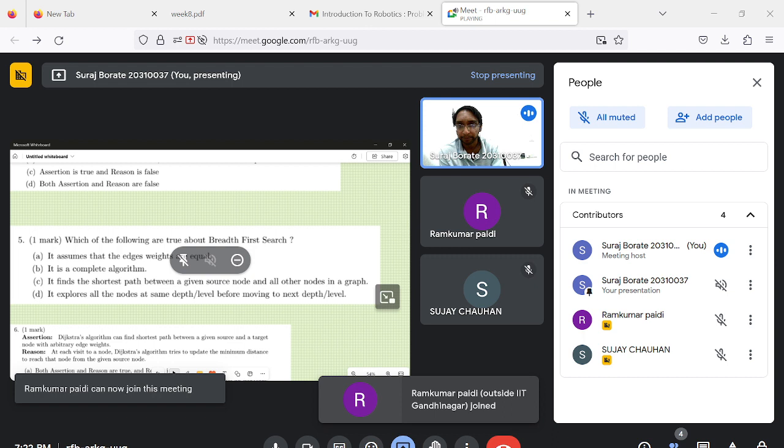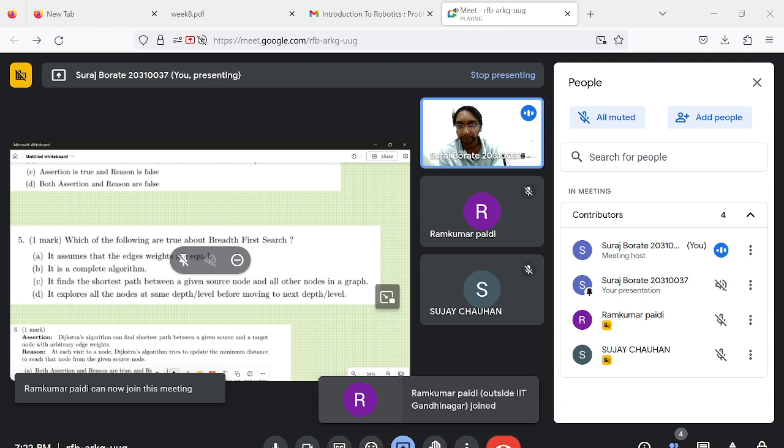Let's say you start from 1, then obviously go to 2. From 2 you have two options, 3 and 4. Now 3 and 4 are under consideration. For 3, you calculate f of x. For 4, you calculate f of x. Whatever is minimum, you go to that.